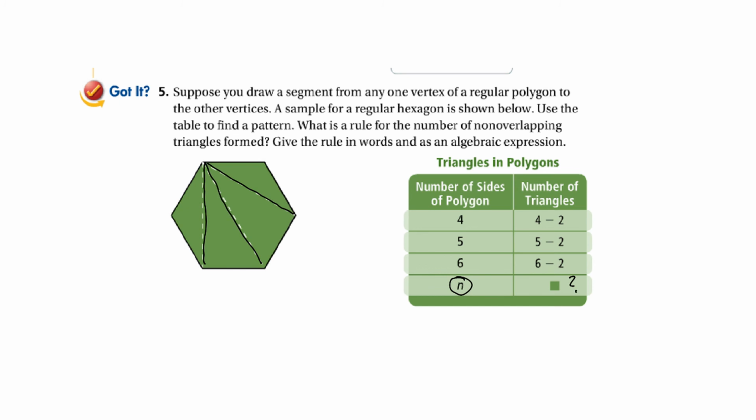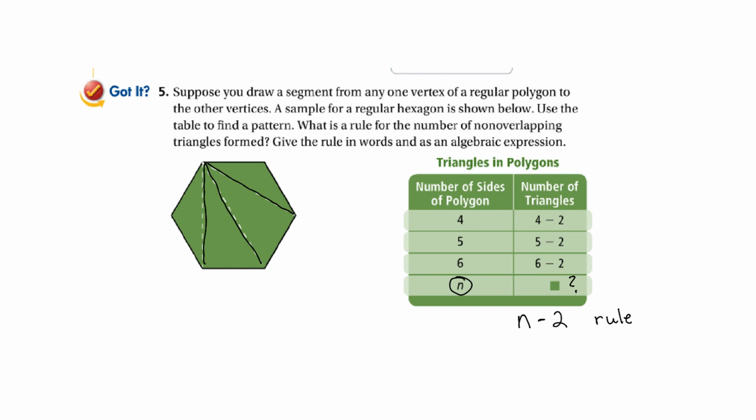If we look there in this right side of the table, I notice that whatever number of sides of the polygon, n, I take that and I subtract 2, and that tells you how many triangles are formed. So that would be our rule.